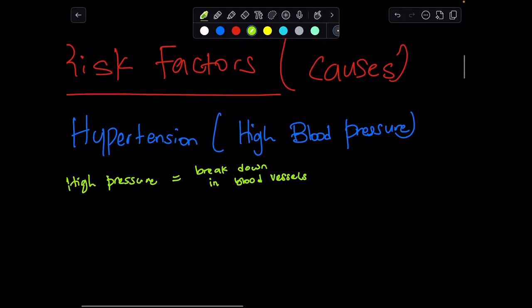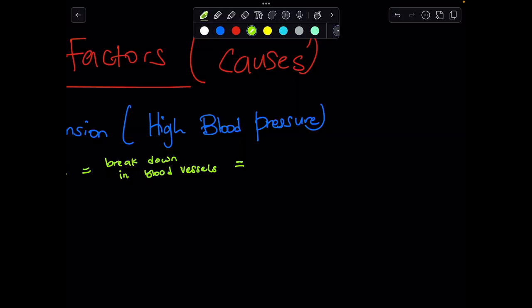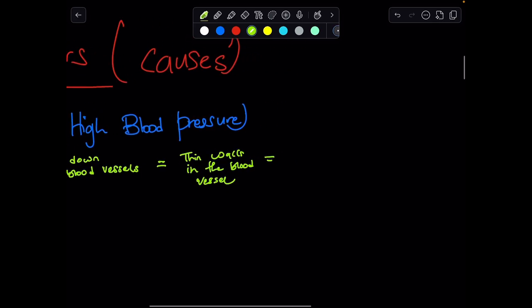That breakdown in the blood vessel causes thin walls in the blood vessel. And thin walls, this is very important.